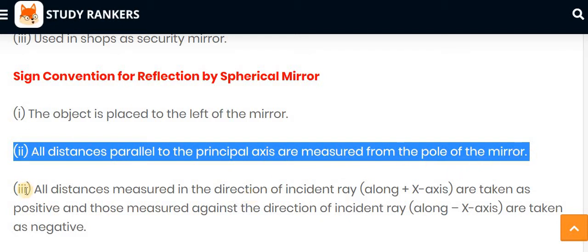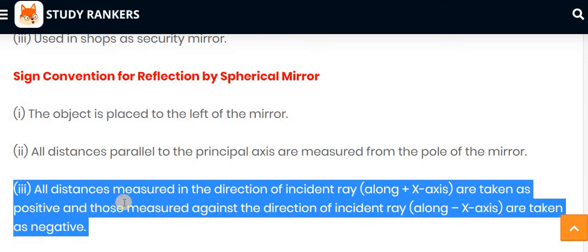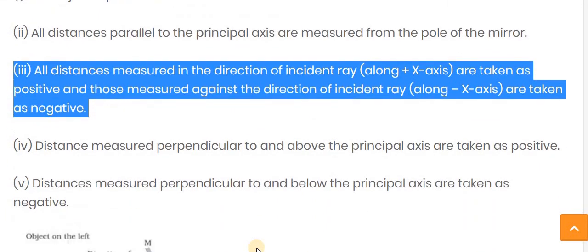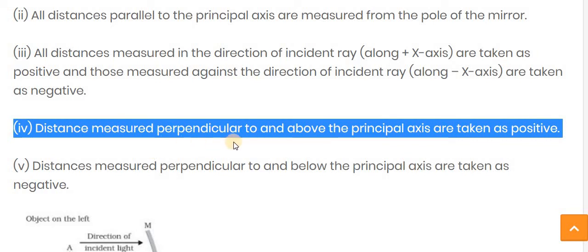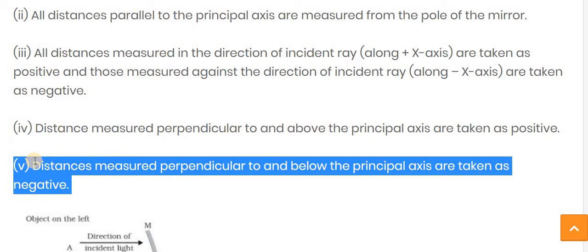Third: all the distances measured in the direction of the incident ray are taken as positive, and those measured against the direction of the incident ray are taken as negative. The fourth: distances measured perpendicular to and above the principal axis are taken as positive, and those below the principal axis we have to consider negative.